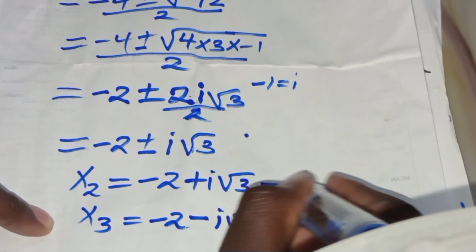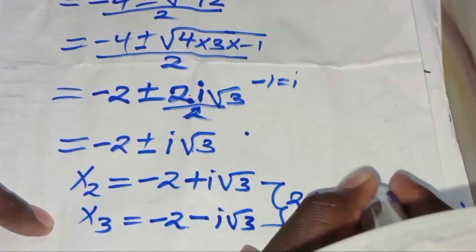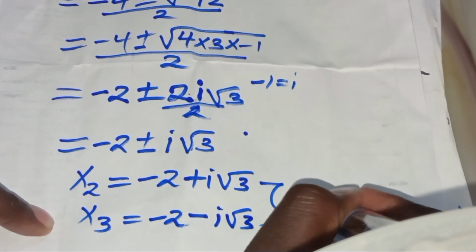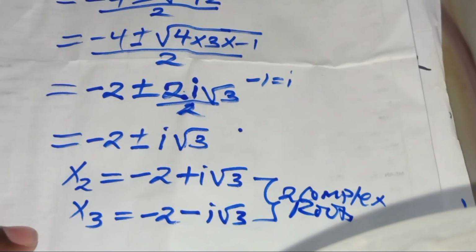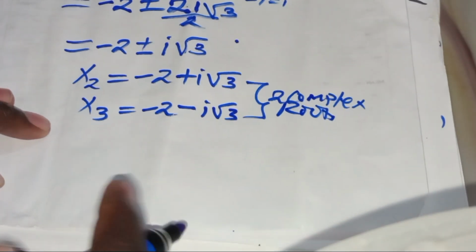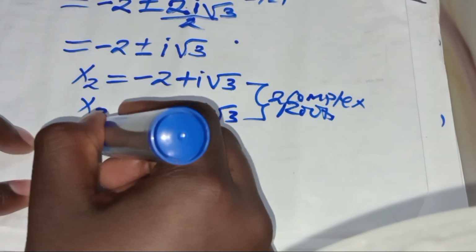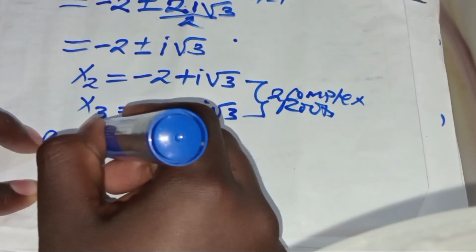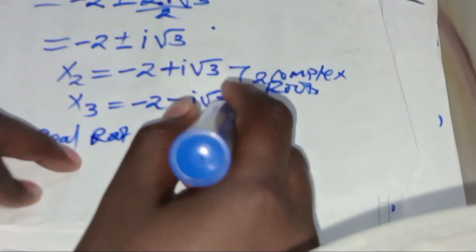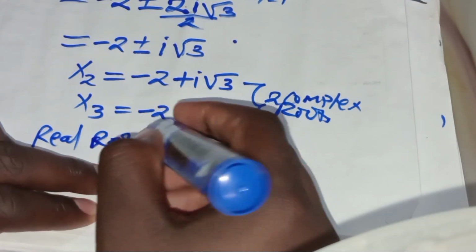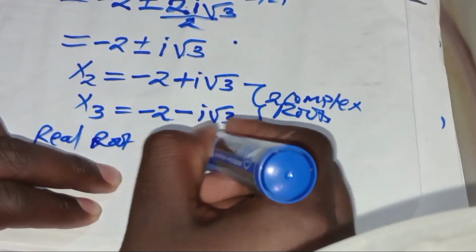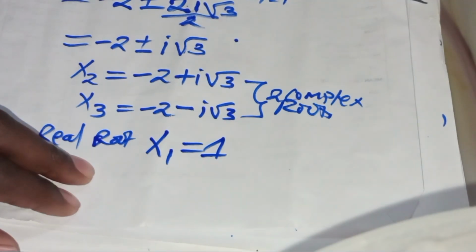Now, these are two complex roots. We have only one real solution, or real root, which is x1. x1 is equal to 1.